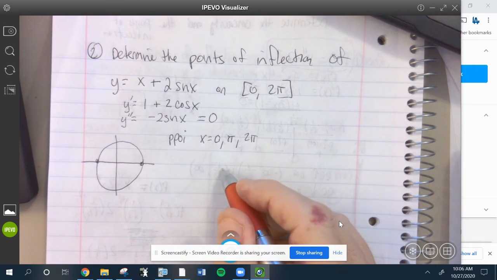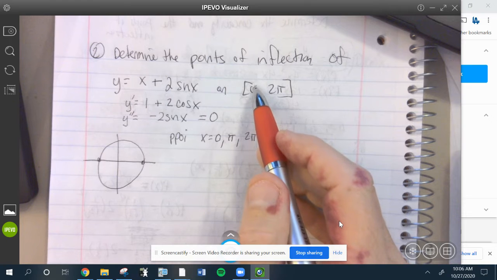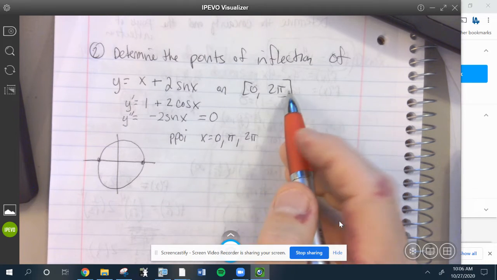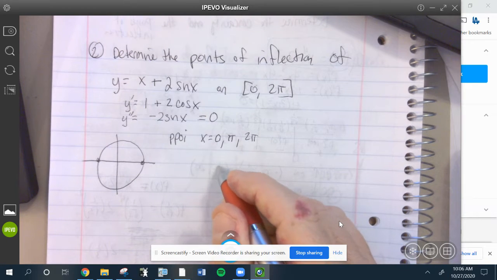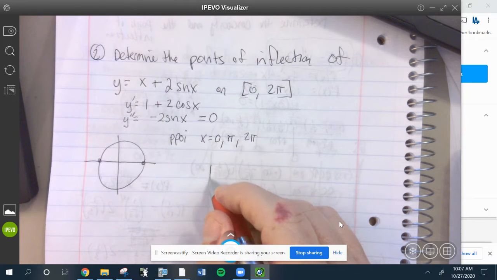So since this function is including 0 and 2 pi, I'm going to extend my chart a little bit. I'll show you.